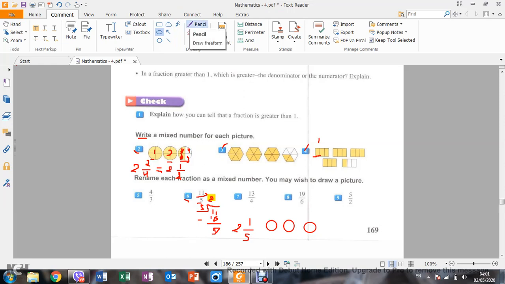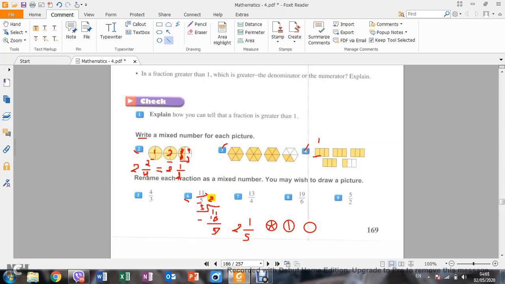I should divide it into 5 equal parts: 1, 2, 3, 4, and this one is 5.